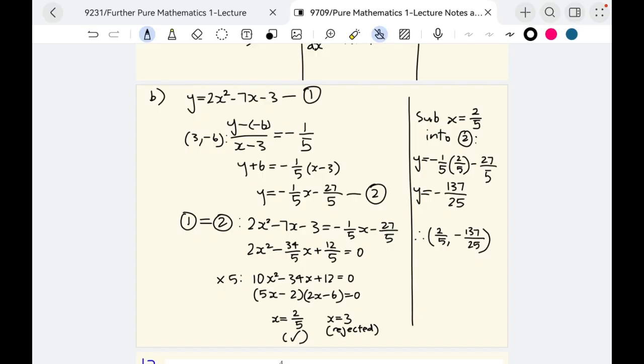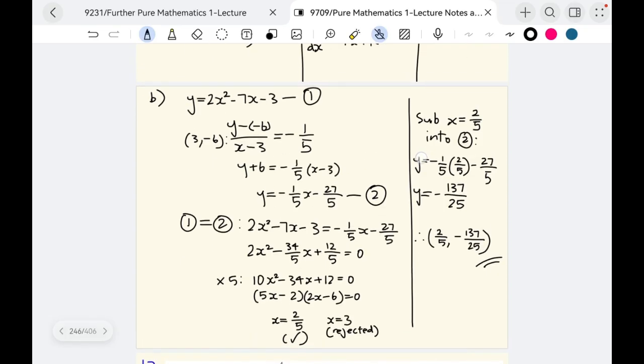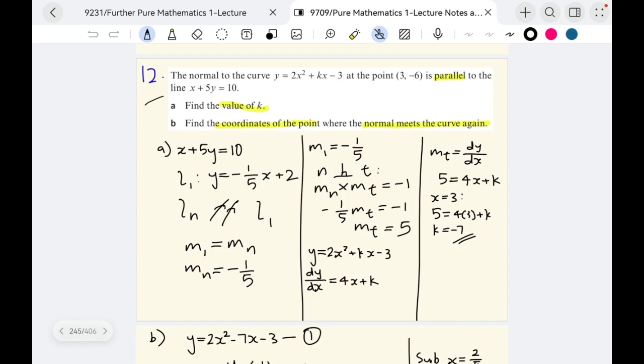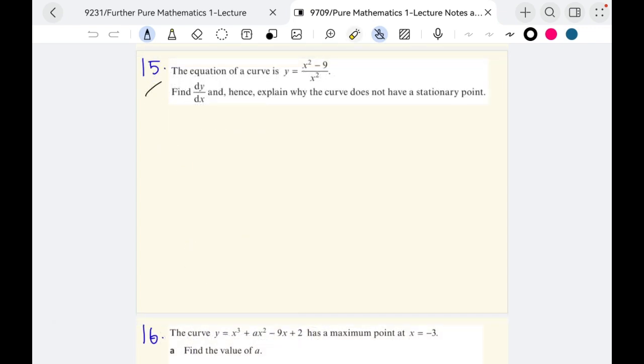I don't believe that this is the correct answer, but we can still verify and see. Yes, that's correct. What about the straight line equation? It is also correct. So I believe that this is the final answer we obtained, as I expected. So let's move on to the next question.